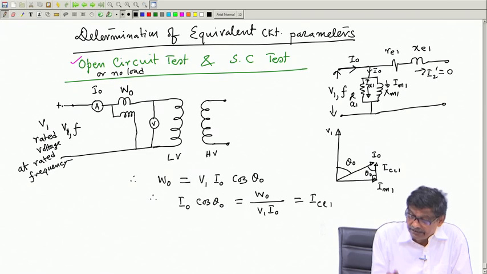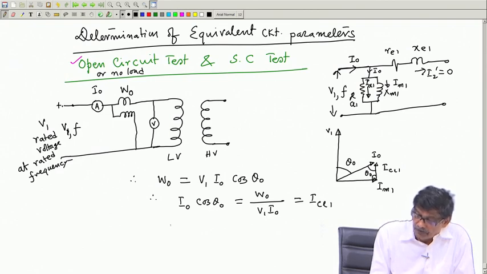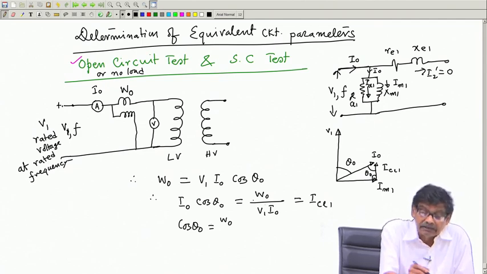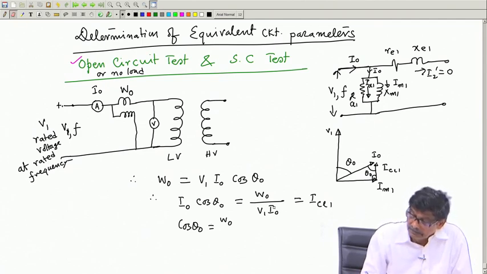It is much easier, as you see. From this also I can calculate cosine theta naught, W naught. Have I made some mistake here?